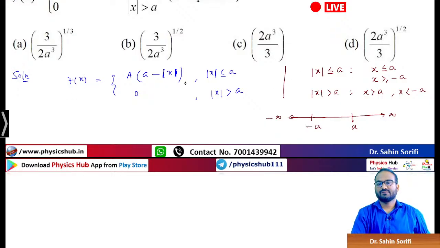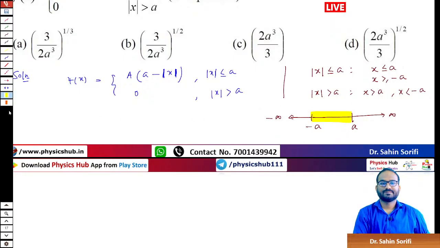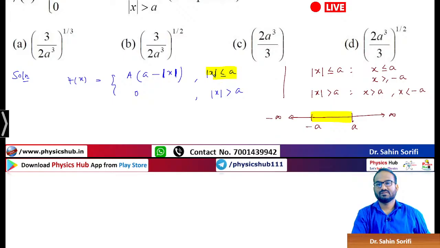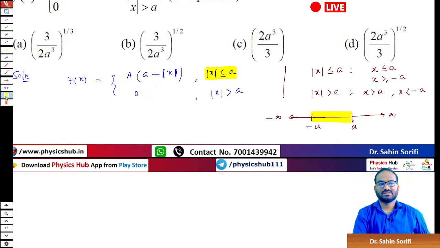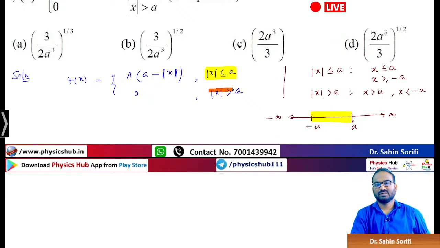The non-zero value is there between minus A and plus A, right? Only in this region is the value non-zero. For the other regions it is 0. The other regions, let's say mod x greater than A, is this.